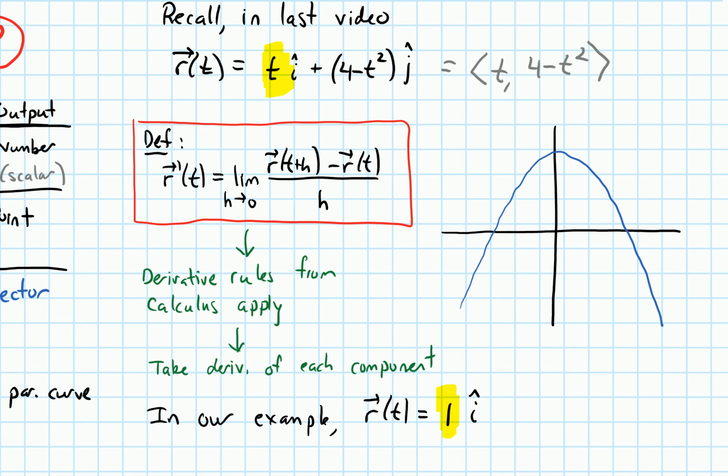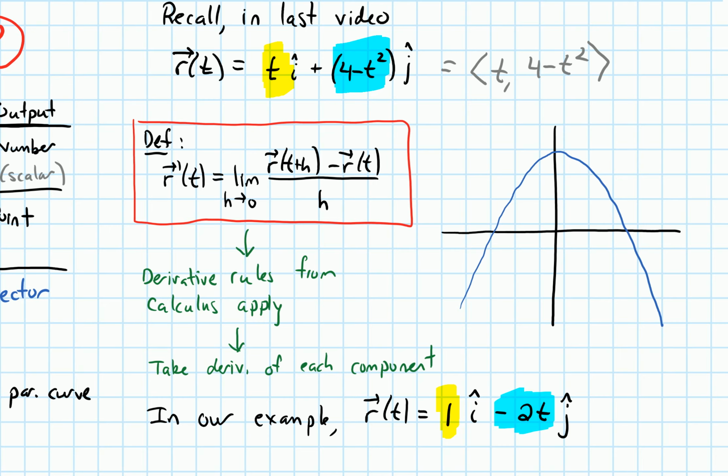And then I look at the j component, and the j component of my original function is 4 minus t squared. We take its derivative, which is negative 2t. Let me mark it in blue just so I can see what matches up with what, and then j hat. And that's the derivative of my vector function. I just take the derivative of each component one at a time.